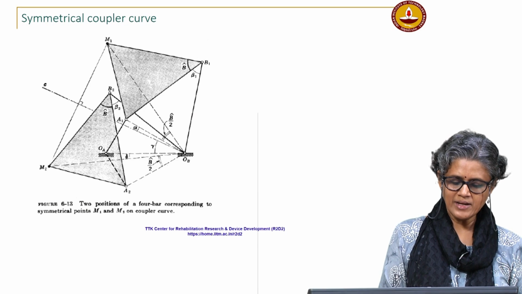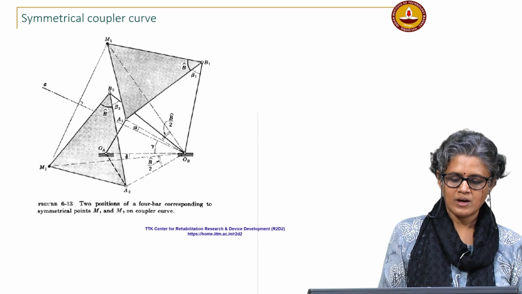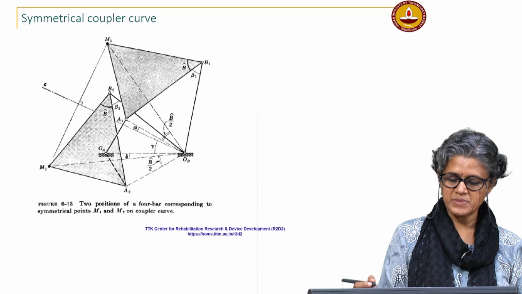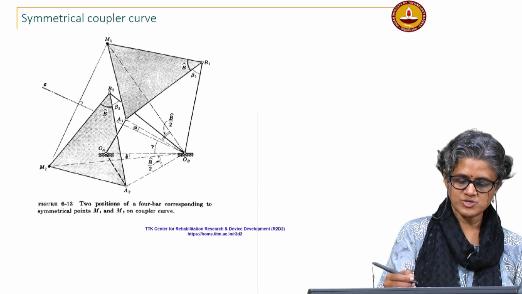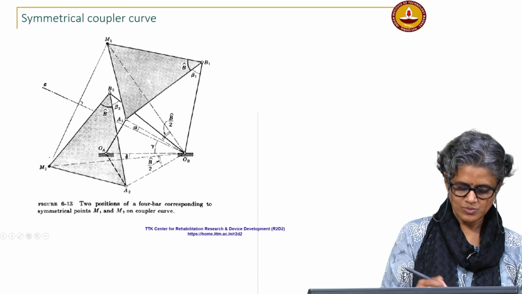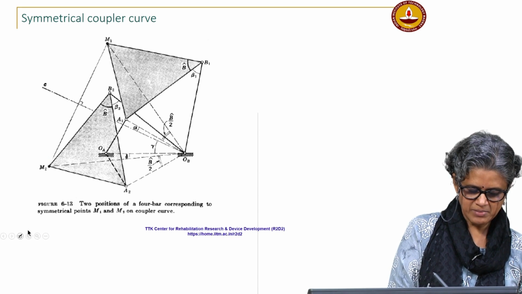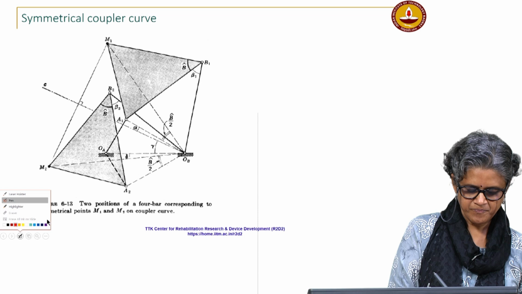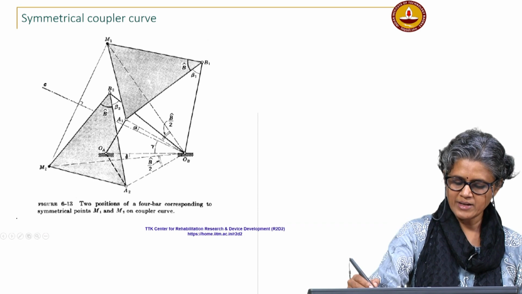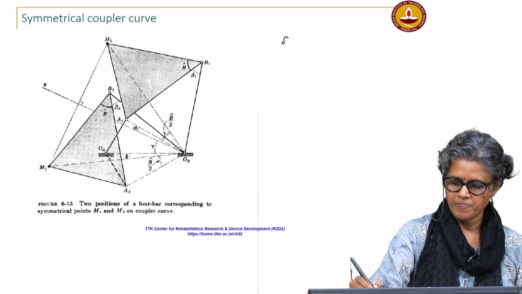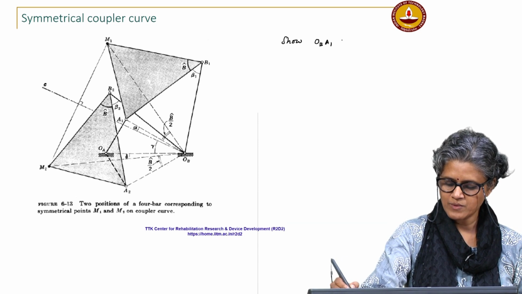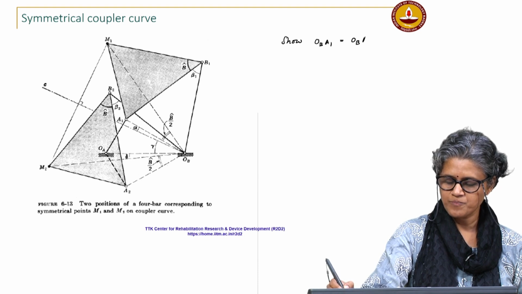Yesterday we looked at how we can generate a symmetrical coupler curve. We looked at M1 and M2, two positions of the coupler curve. First I show OB A1 equal to OB A2.